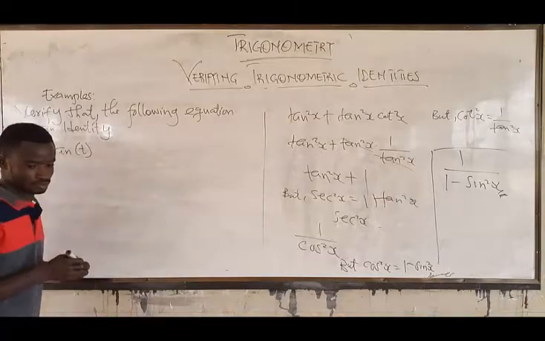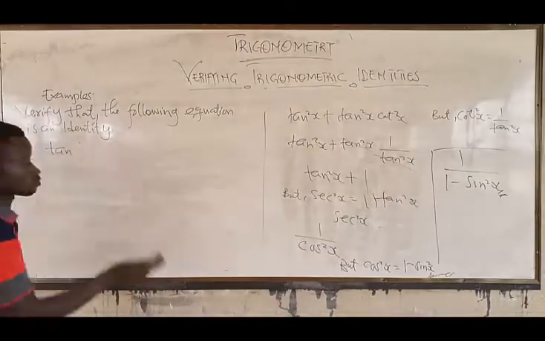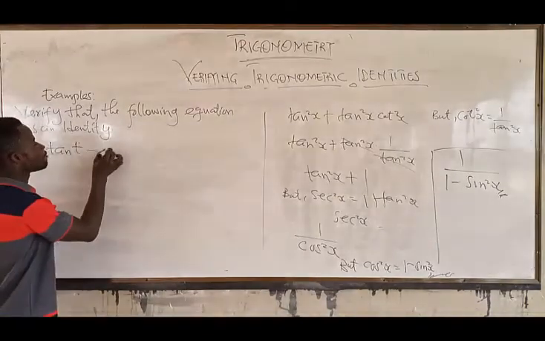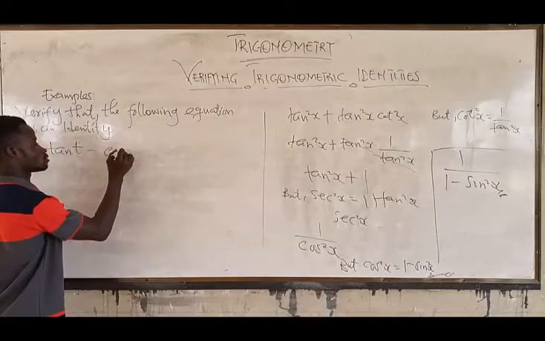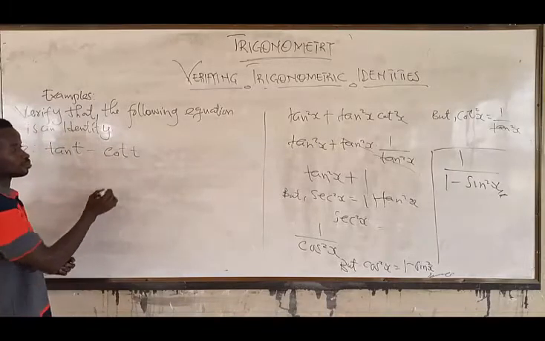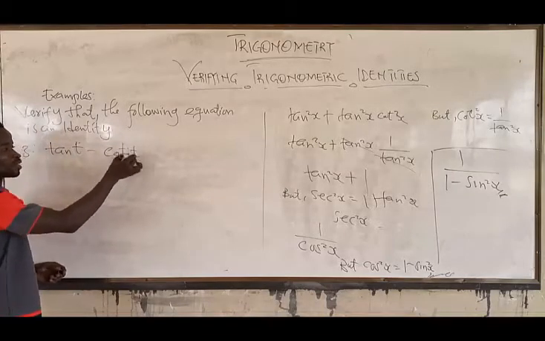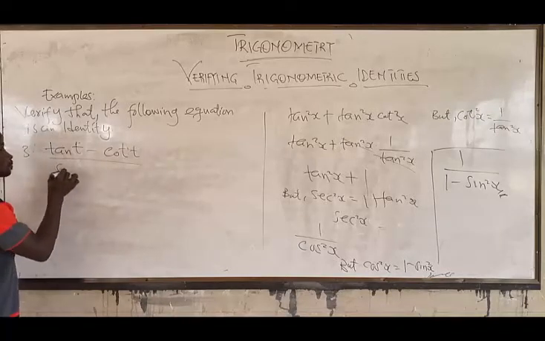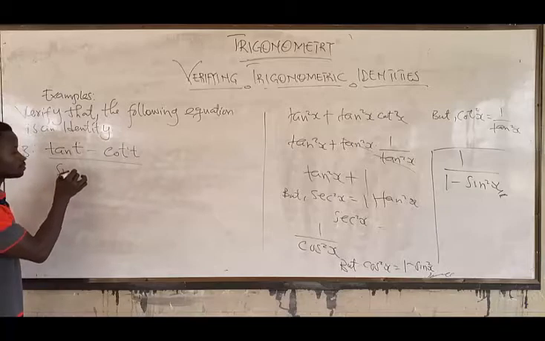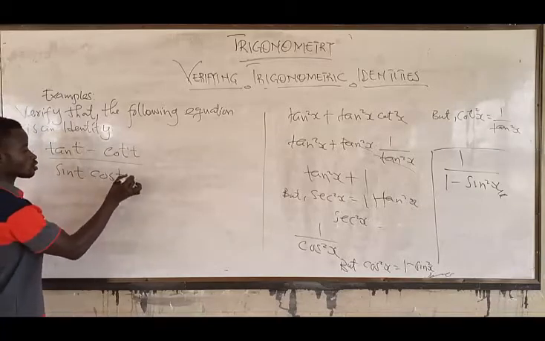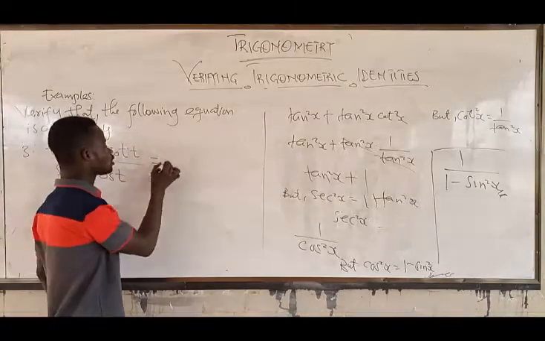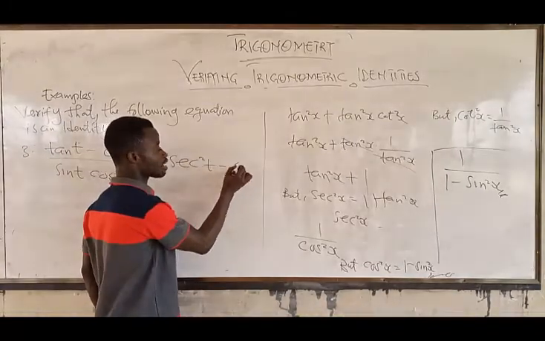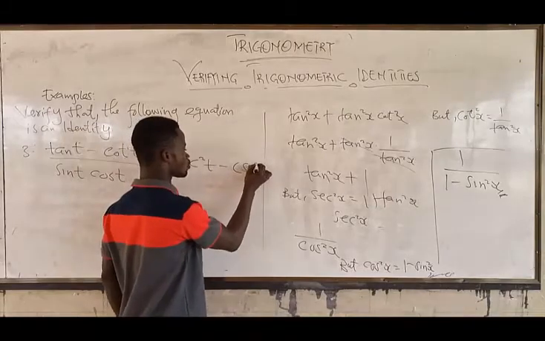Tan T minus cot T. This is the argument. I don't want to bring that, but that is the argument. Sin T cos T is equal to sec squared T minus cosec T.